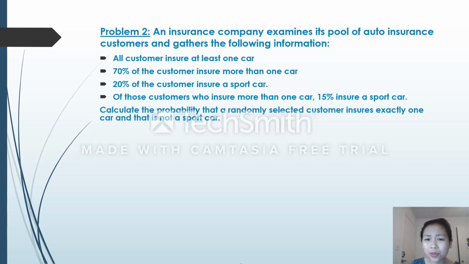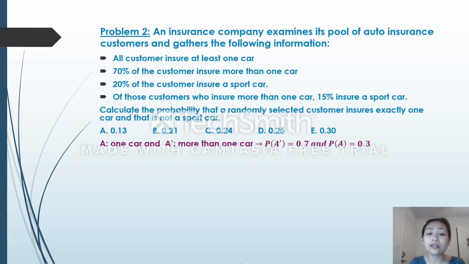So here we have two groups of events. The first group is whether a customer insures one car or more than one car, because all customers insure at least one car. So we either have exactly one car or more than one car. I'm going to say A is the event that a customer insures exactly one car. So A prime is the complement event, which is a customer insures more than one car.